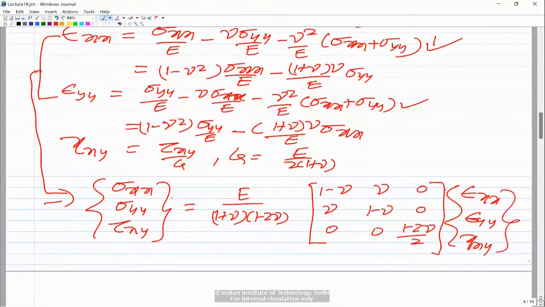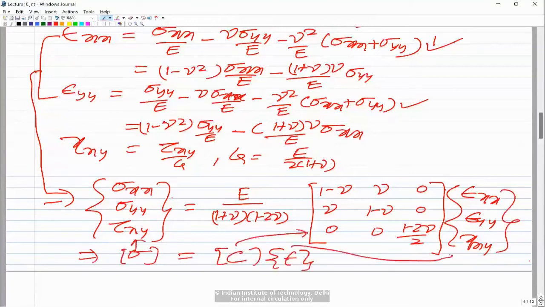So we can write this also as sigma is equal to C into epsilon. This is sigma, this matrix is C, and this is epsilon.